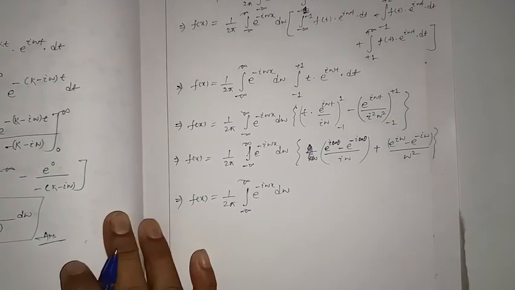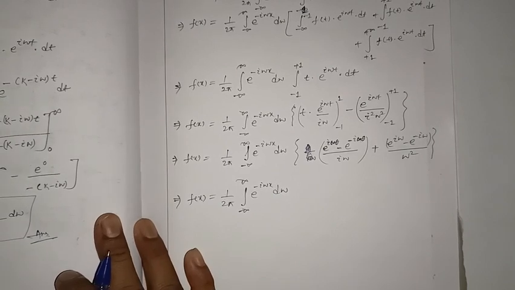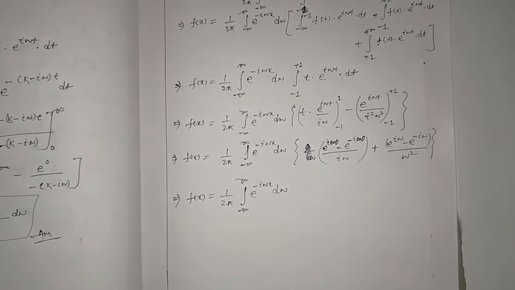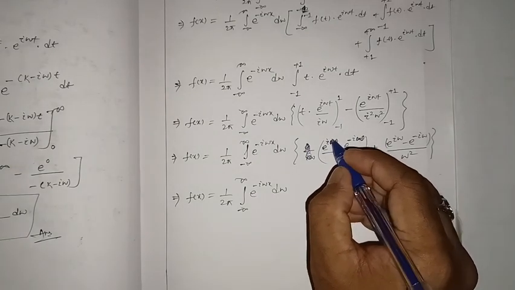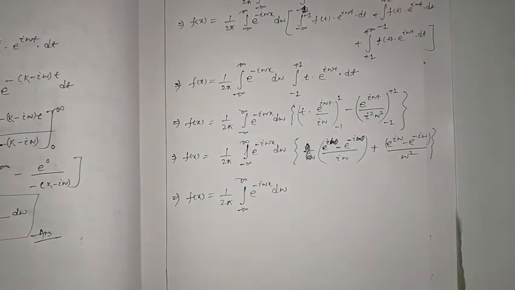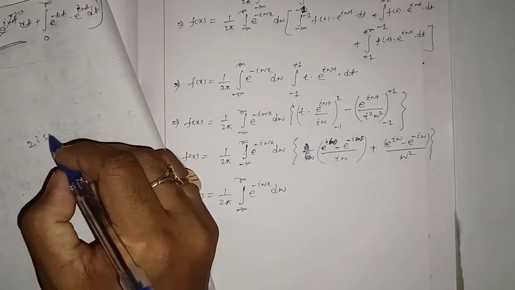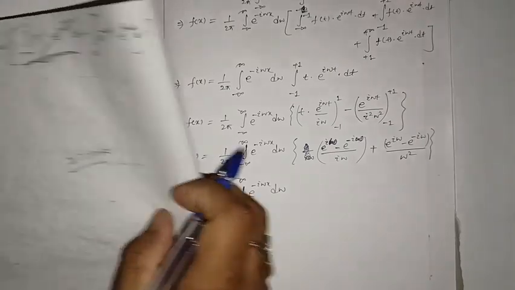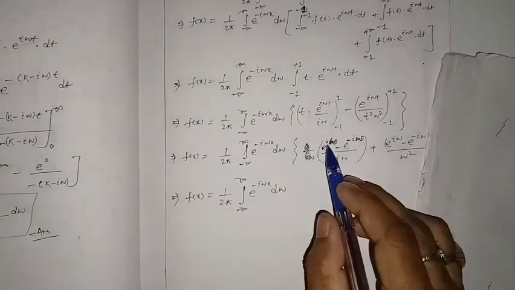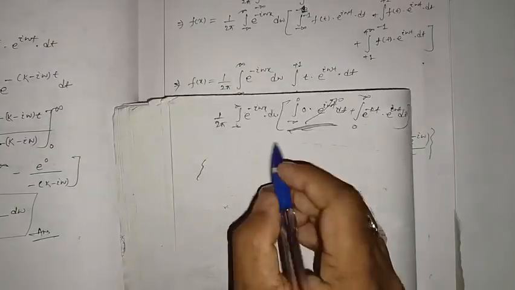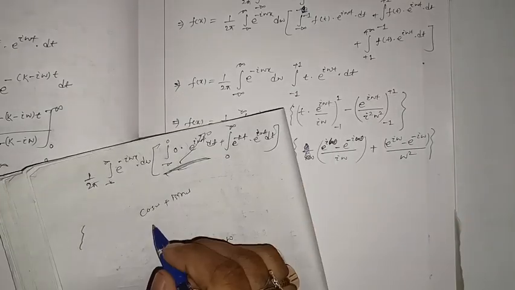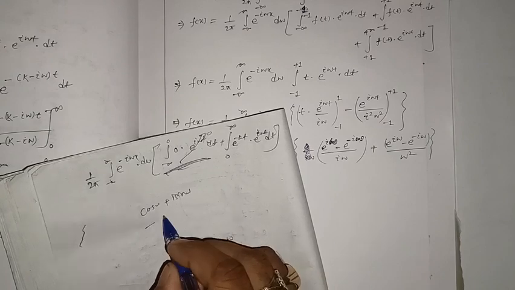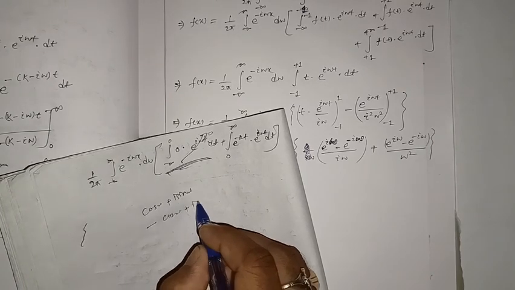So here we can see that this value e to the power I omega minus e to the minus I omega means 2i sine omega. Okay, because e to the I omega is cos omega plus I sine omega, then minus of cos omega minus I sine omega.